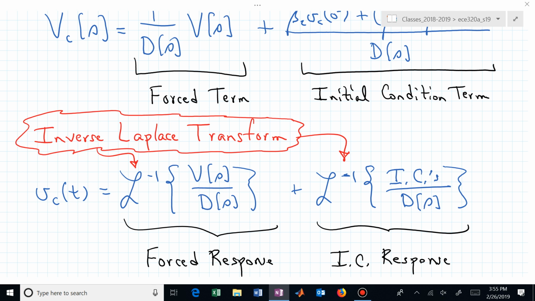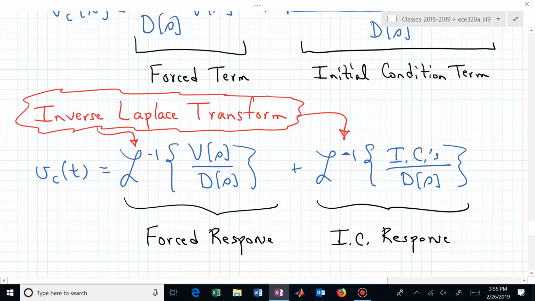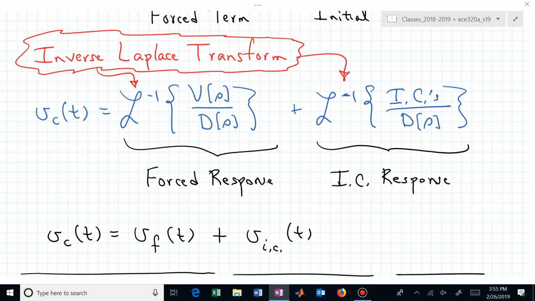The other piece of that response will be due to the initial conditions. And you could now think of that capacitor's voltage being a combination of a forced response and an initial condition response.